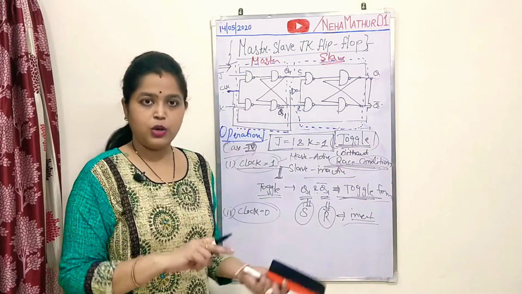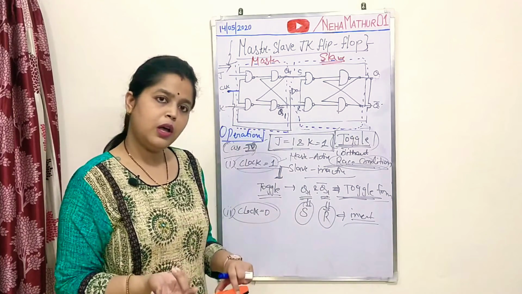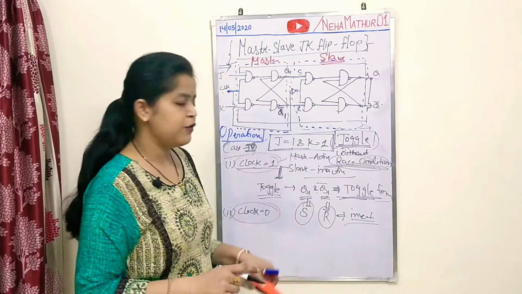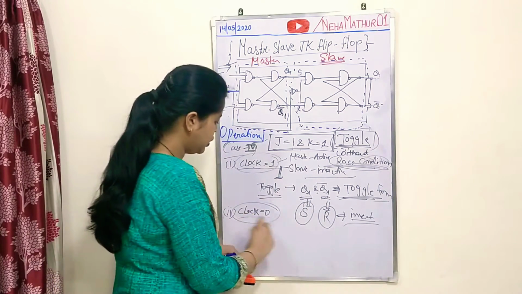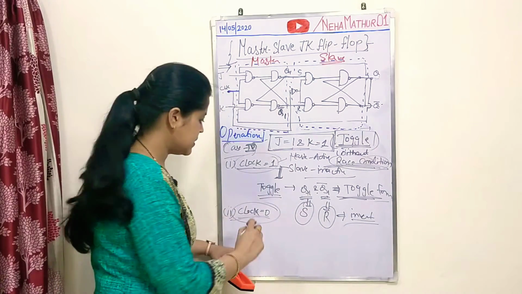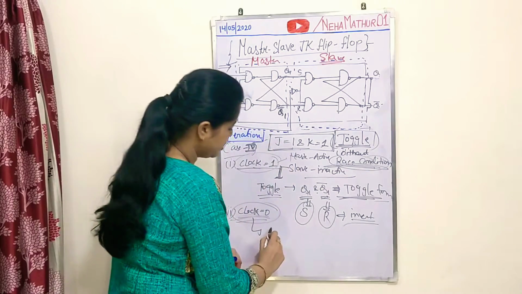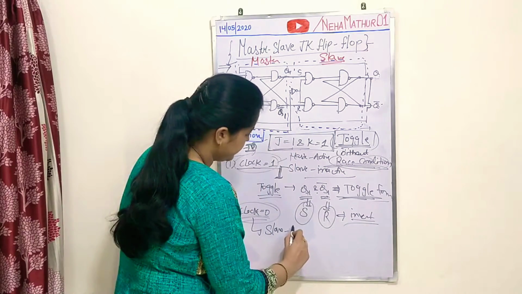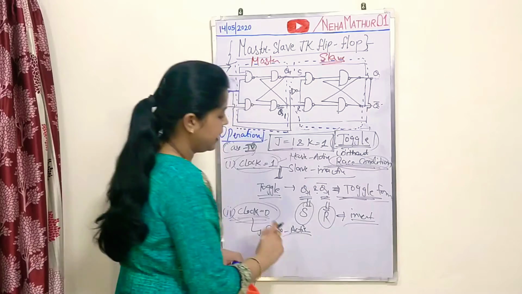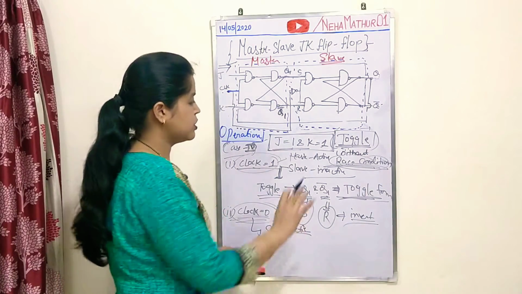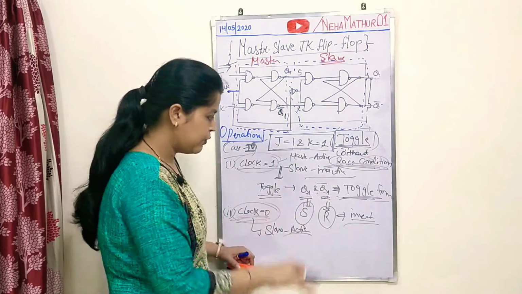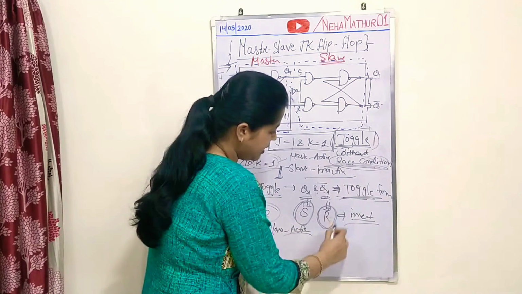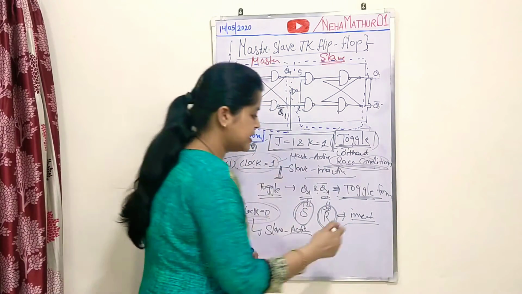That means if it is 0 1, it will be 1 0, and if it is 1 0, it will be 0 1. As your clock is 0, your slave will be ready to work, that means in active state, and master is in inactive state. Now your slave is ready to work with its input S and R, which is already in its inverted form.